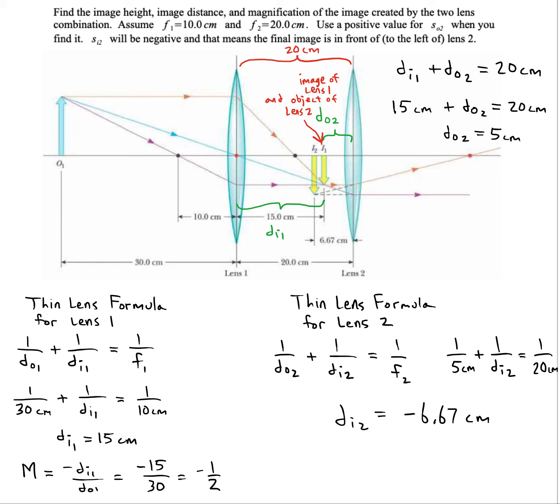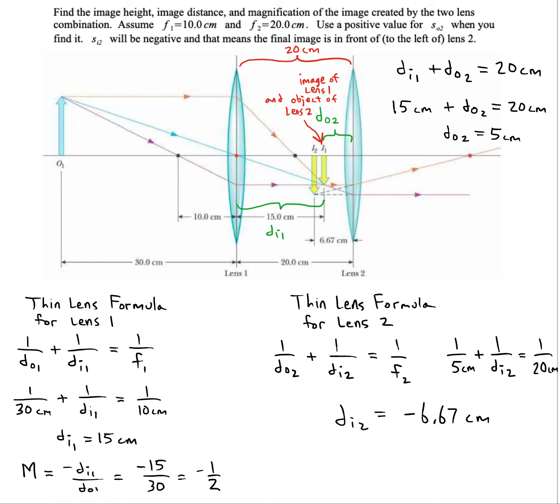It's both. When they talk about negative 6.67, we are talking about the distance from lens 2 to image 2, which happens to be in front of lens 2. So that is that.